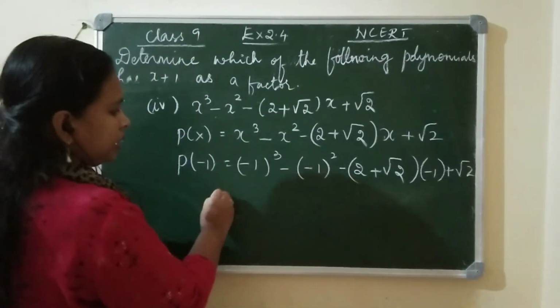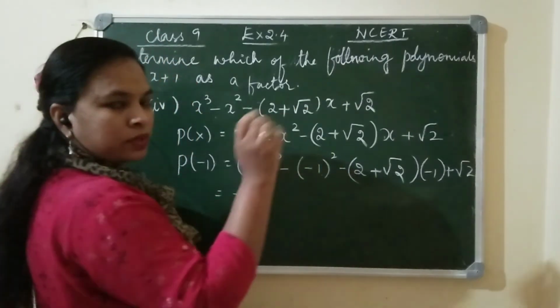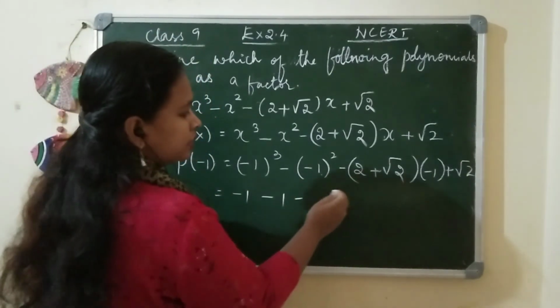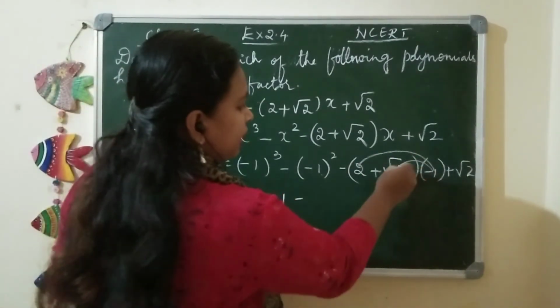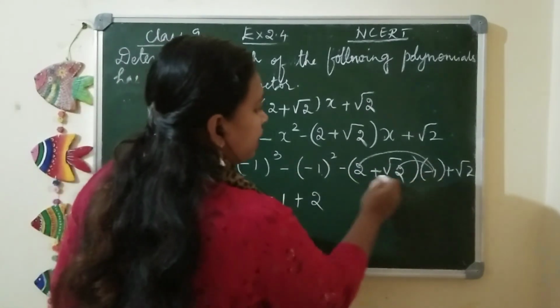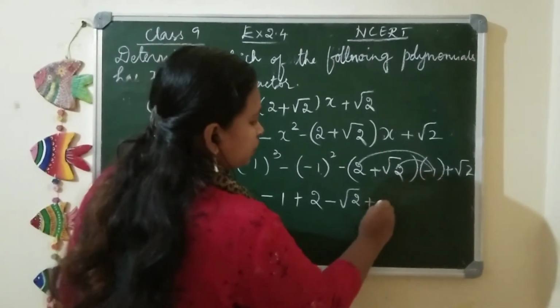So now we will see (-1) cube will be -1, (-1) square will be 1 here, and here this minus should be multiplied, so minus into minus will be plus 2, and minus into plus root 2 will be minus root 2, plus root 2.